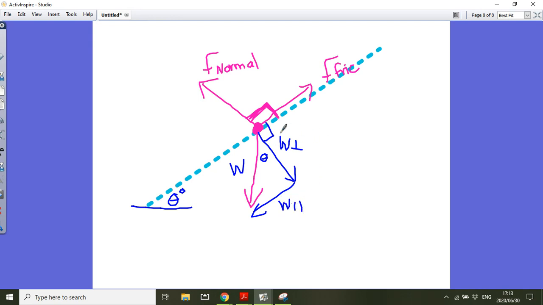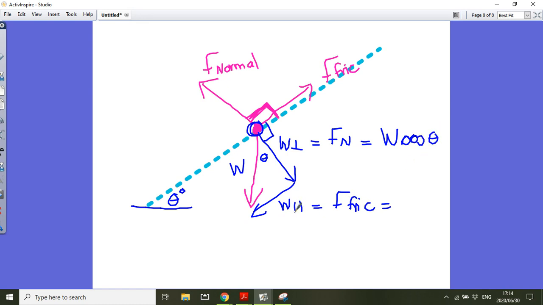So if this object is in equilibrium, then you know that the size of this force is going to be equal to your normal force. And if the object is in equilibrium, meaning it's just not sliding, then we know that weight parallel is going to be equal to our frictional force. Here you can memorize them because they are always the same. If you've got your triangle right, the cross one will always be cos because it's adjacent over hypotenuse, so it will be W cos theta.